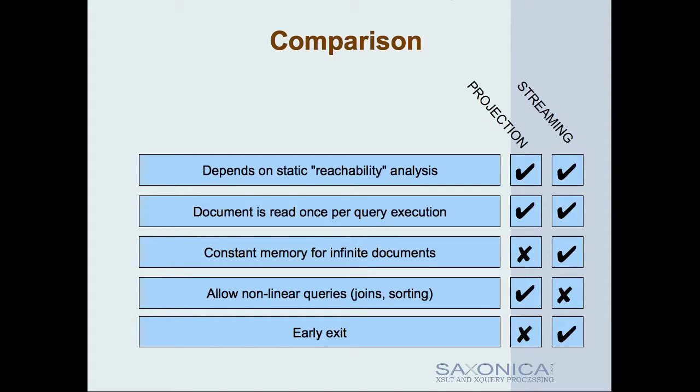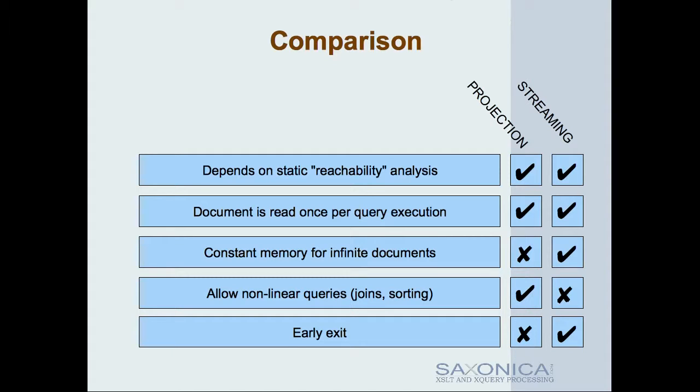But the big advantage of projection is that it's still very useful on non-linear queries. So queries like sorting or joins, you can still get a very, very big saving on those using document projection, so long as they're only using a small amount of the data in the file. And so that's really the big plus point.